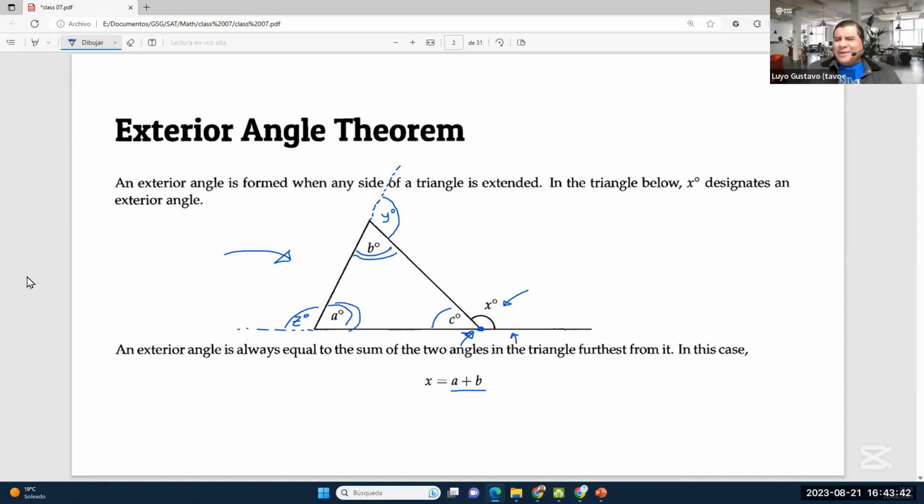And it makes sense, right? Why? Because we know that they form together a flat angle, that is a 180-degree angle, so x plus c must be 180. On the other hand, the three interior angles of any triangle will always add up to 180 degrees as well.